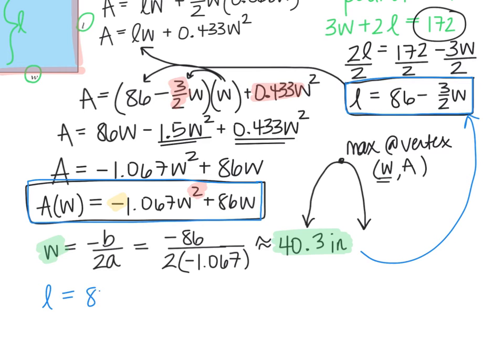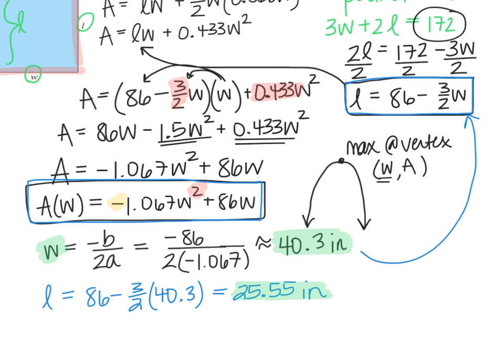So my length is 86 minus 3/2 times W, and W is 40.3 inches. So that works out to be 25.55. And that is the length, so that would also have a measurement of inches. So we have our width and we have our length.